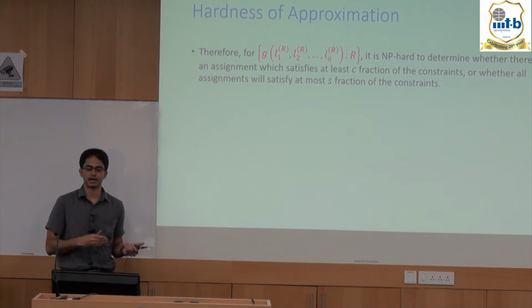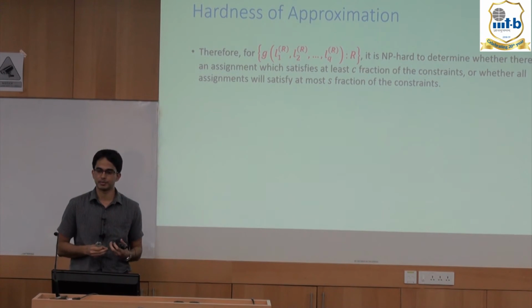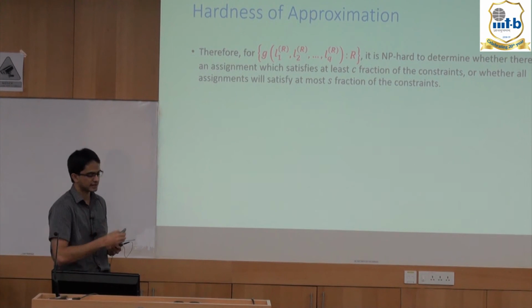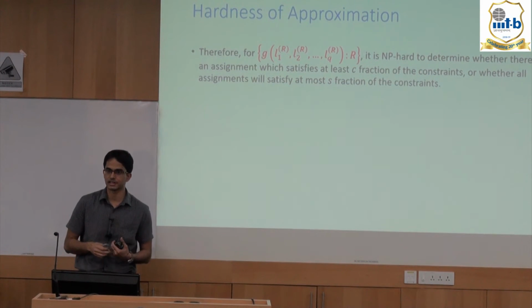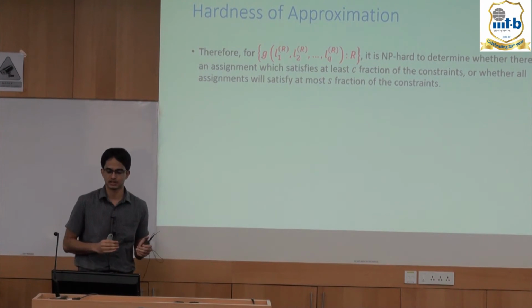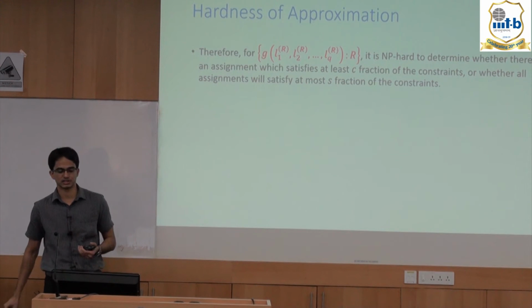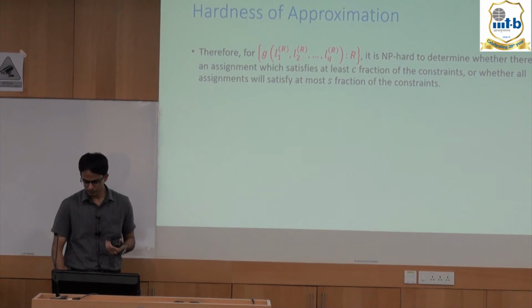Since we know that that is NP hard, you cannot do this. So if you have a PCP, then for these kinds of constraints, determining whether there is an assignment which satisfies at least C fraction of these constraints, or whether all assignments satisfy at most S fraction of constraints, is NP hard.